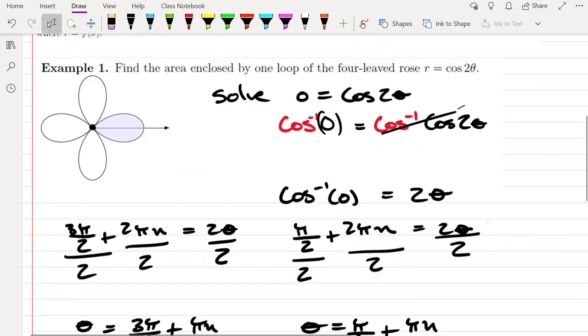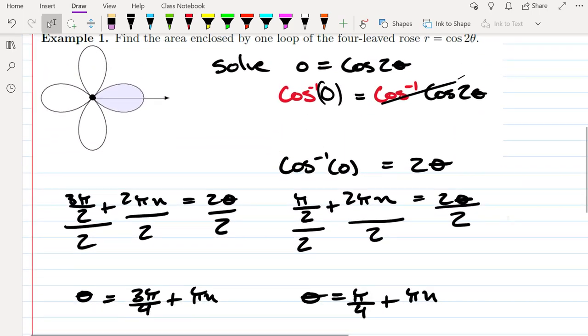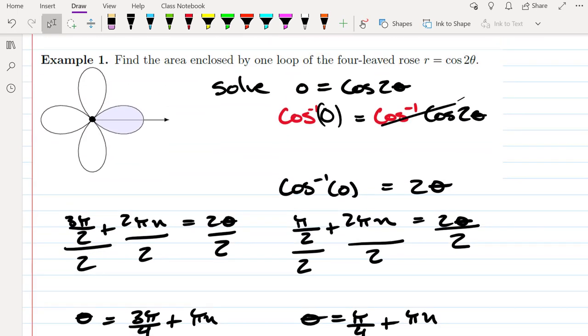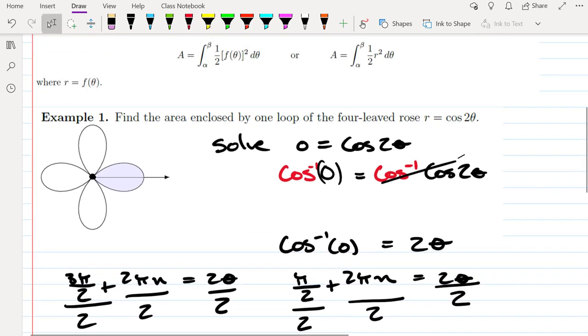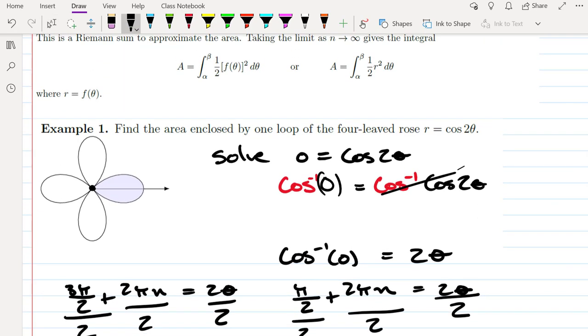So if we check, if we plug in theta equals 0 into our equation here, cosine of 0 is 1, so that means when theta equals 0, we get this point 1. So just to be explicit, that's our theta and that's our r.